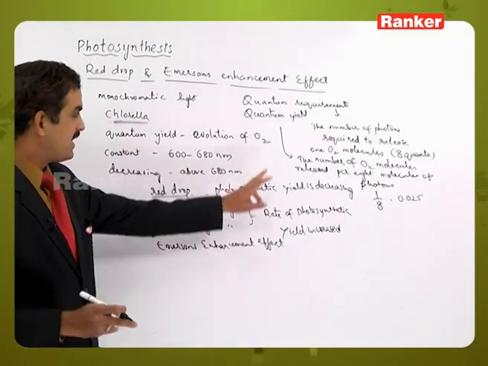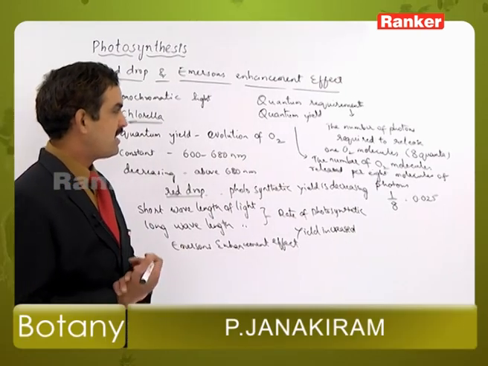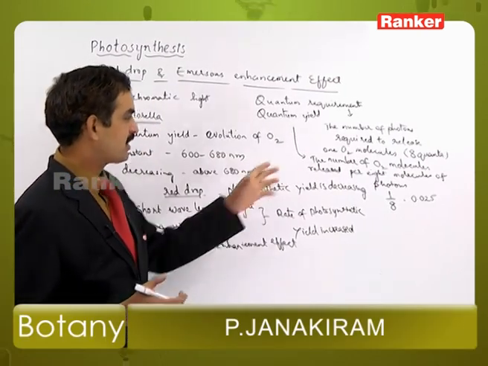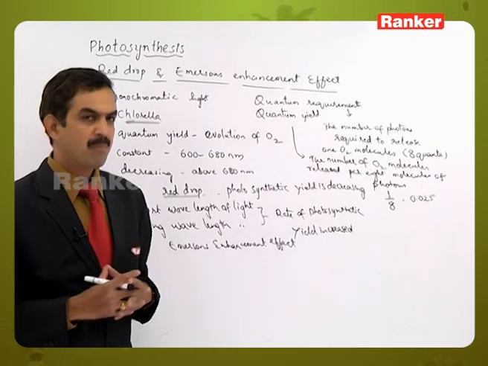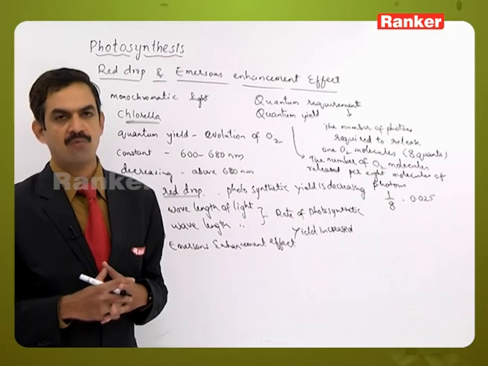So likewise, the quantum yield and the quantum requirement are demonstrated by using the concept of the number of photons and the number of oxygen molecules which have been released by absorbing that quantum of photon of light.